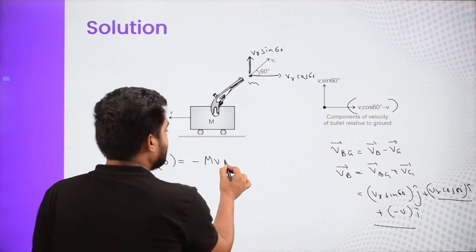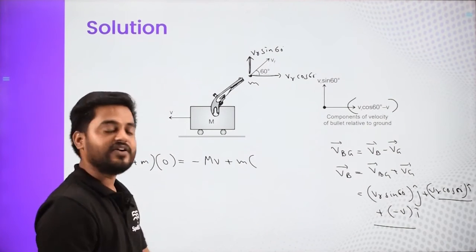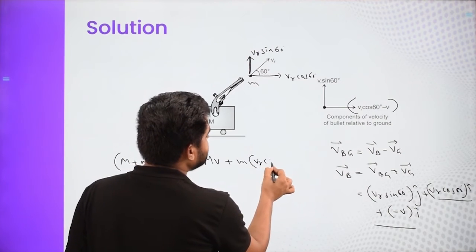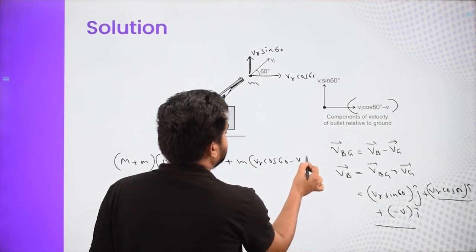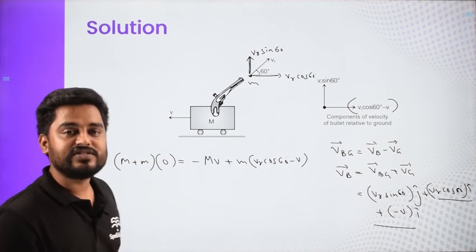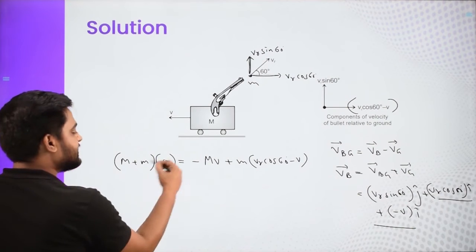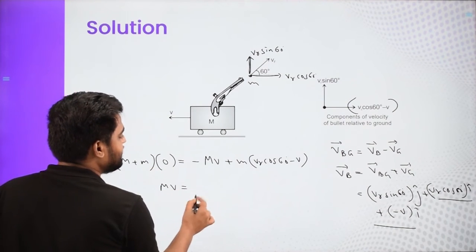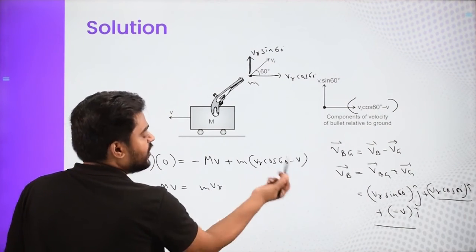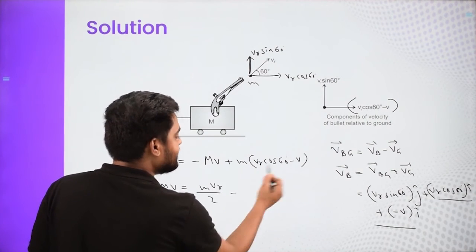So I will write plus the momentum of the bullet, which is the mass of the bullet times the velocity of the bullet, which is nothing but VR cos 60 minus v. Let us solve this equation for small v, which is the final velocity of the gun with respect to the ground, which we want to find. So this is 0, Mv comes to this side, so we get Mv is equal to mVR cos 60, which is basically half, minus small mv.